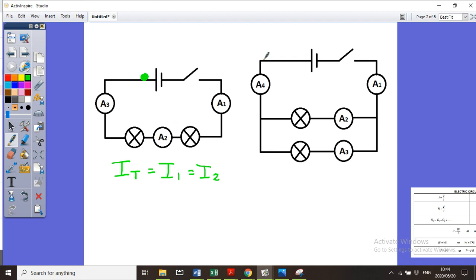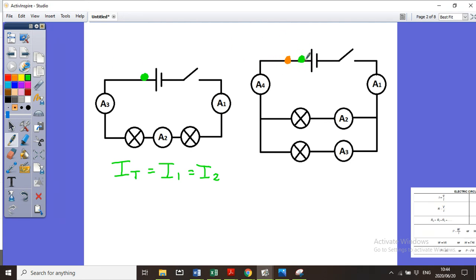Now, when I look at the current here, I'm going to make it a different coulomb. If I look at my current there, here comes my coulomb. I'm going to actually do more than one. So I've got an orange coulomb and I've got a green coulomb. Remember, they're all passing per second.